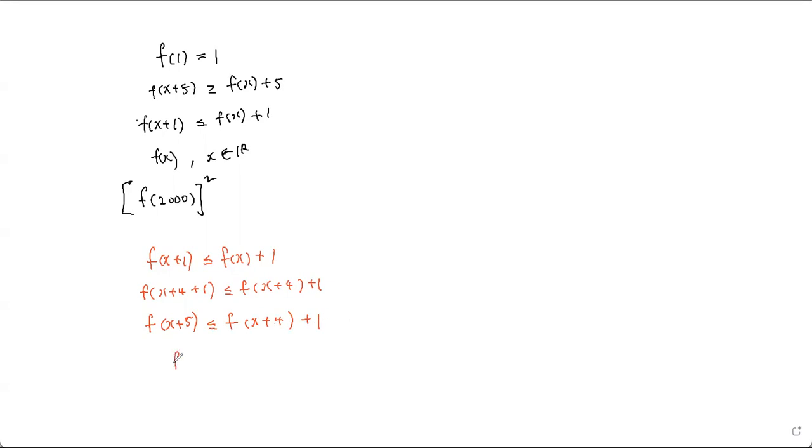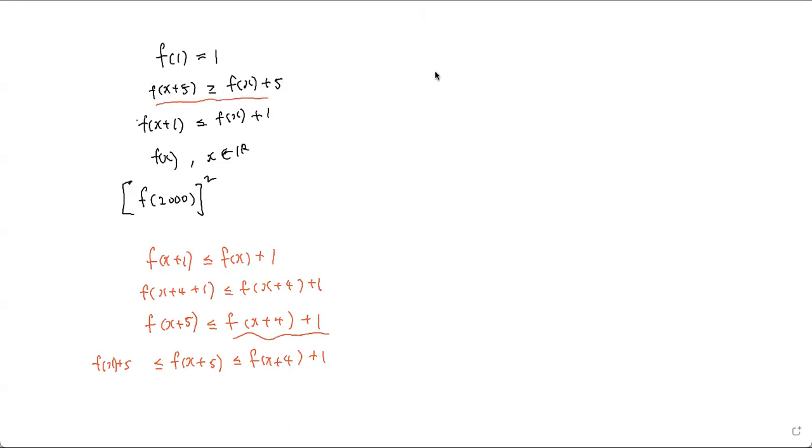Now I can further extend the inequality. This is less than or equal to f(x + 4) + 1, which we have established earlier, and at the same time it is also greater than or equal to f(x) + 5, which is the initial condition given on top.